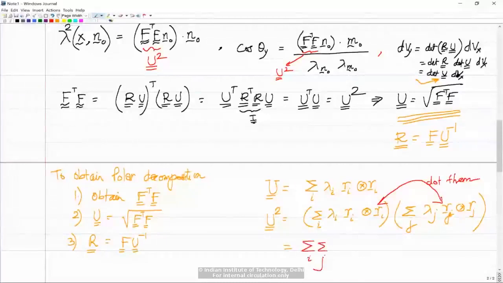And lambda i and lambda j are scalars, so you bring them all here. And then you have to dot Ri and Rj. That also becomes a scalar, no? After being dotted. So that's Ri dot Rj. And then what remains is Ri tensor product Rj. So that's the square.